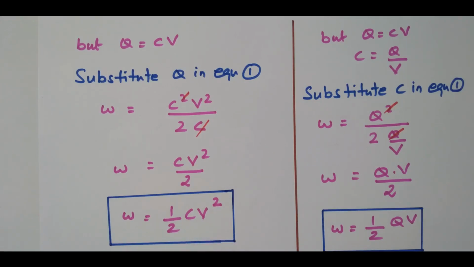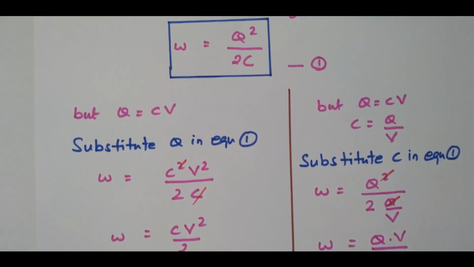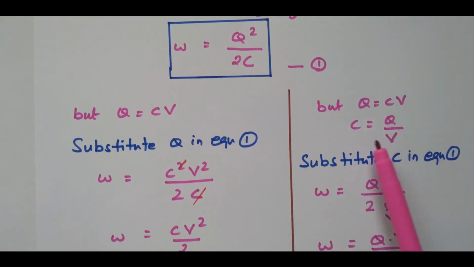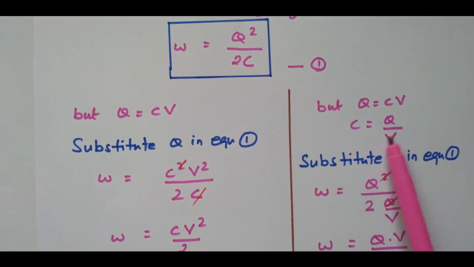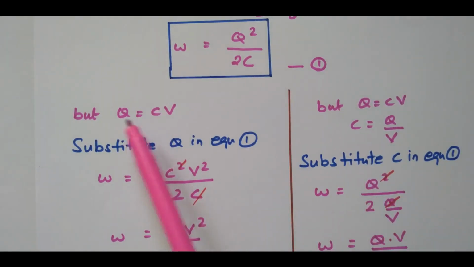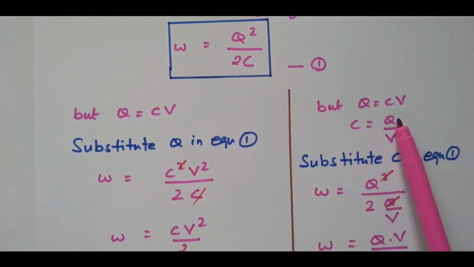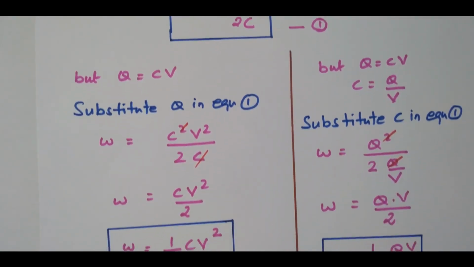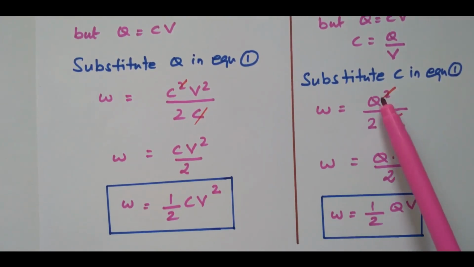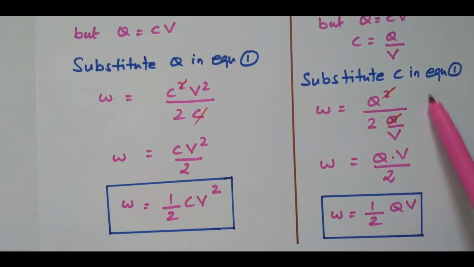Now we'll go to the third form. Same thing, Q equal to CV, so C equal to Q by V. We are going to substitute this in equation 1, replacing the C value by Q by V. So we have Q square divided by 2C, that is Q square divided by 2 into Q by V. One Q cancels, and V in the denominator goes to the numerator.